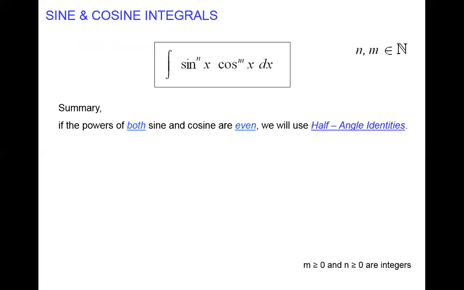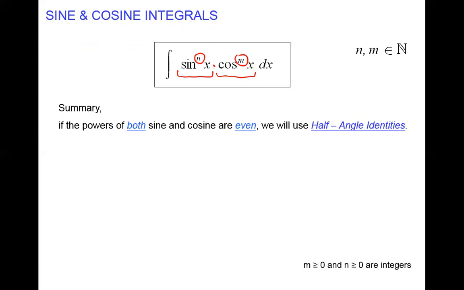We will have a few types. We have to focus on the type of integral represented by a product of sine function and cosine function, but they are taken to the power of n and m. And we can play with these numbers.